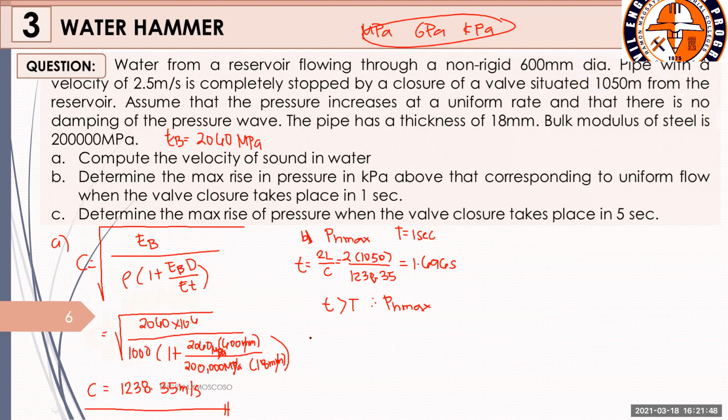Therefore, your P_H max or your pressure of your water hammer is equal to rho C V. So that would be 1,000 times your celerity, which is 1238.35, times your velocity, which is given sa problem, 2.5 meters per second. Therefore, your P_H max is how much?